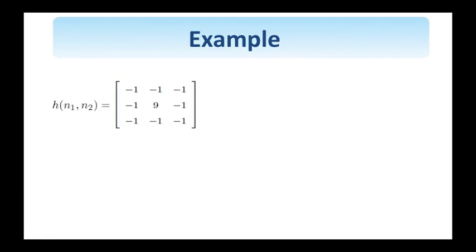Here's a final example. We're given a system with impulse response depicted here, and we want to find its frequency response. The comments I made earlier apply here as well, so this is the H(0,0) sample.